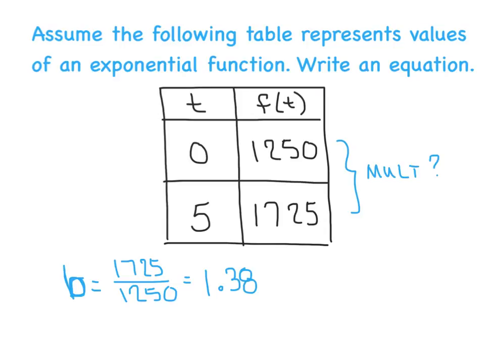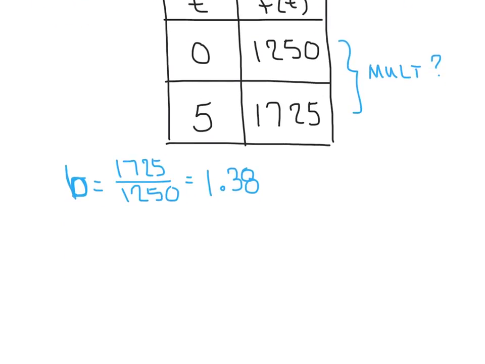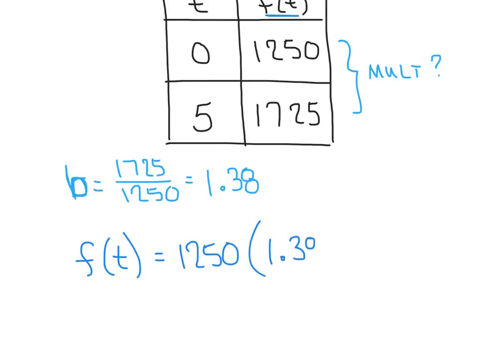But that's not on an annual basis, that's every 5 years. So as far as putting the entire equation together, let's say f of t or a of t, whatever the notation might be, I'm just copying what was in the table there, starts off at 1,250 for an initial value, and it's increasing with a growth factor of 1.38 raised to the t divided by 5. And then of course we could convert that to an annual basis if we wanted to.